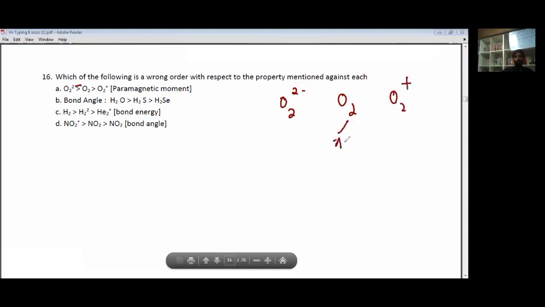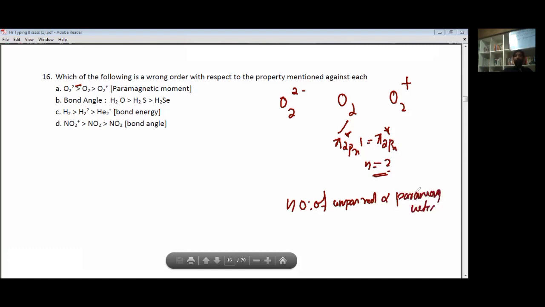We know that this has pi star 2p x1 equal to pi star 2p x2. So the unpaired electrons are 2. The number of unpaired electrons is directly proportional to paramagnetic behavior, right? Fine. So this has 2 unpaired electrons.